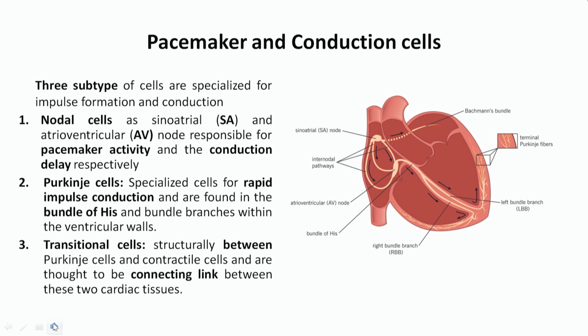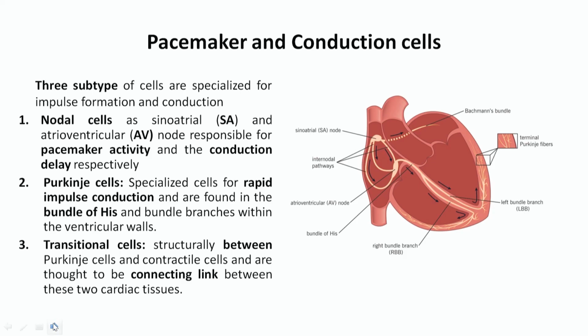Impulse generation takes place in the sinoatrial node, and then it transfers from the SA node to the atrioventricular node, and then it goes to the ventricular muscle through the bundle of His and the Purkinje fibers.